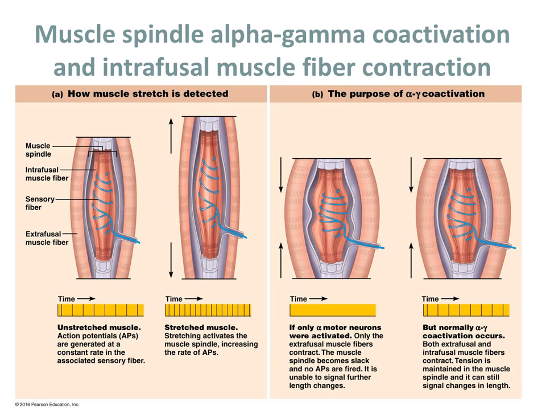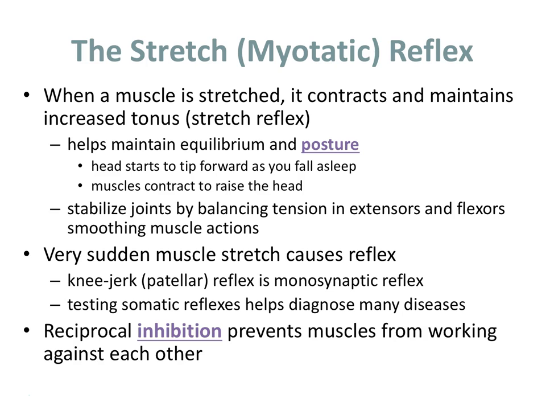So we get a series of action potentials that are sent to the central nervous system. So alpha-gamma co-activation is important, so the muscle spindle can signal the central nervous system at any muscle length.